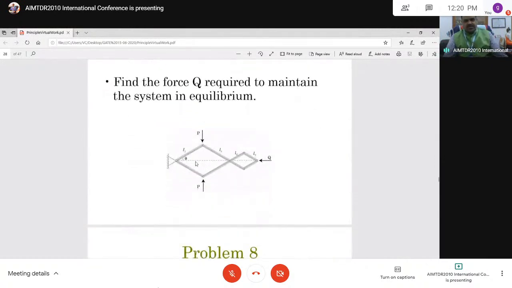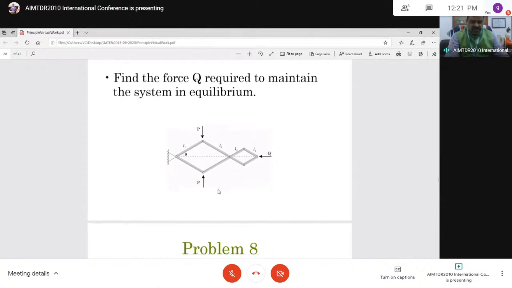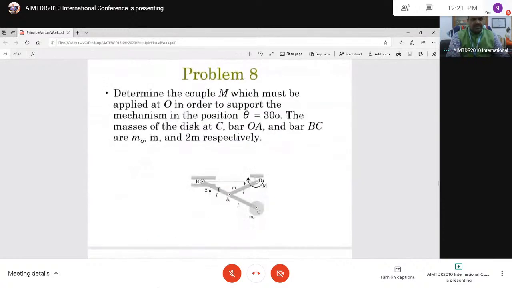this is another problem where a member is having the force Q and here the two forces are applied. Okay. This is the X displacement, these two are Y displacement. This is another type of problem, similar geometry. Then here, this is the translation, this is the rotation, and here mass is attached at the other end.